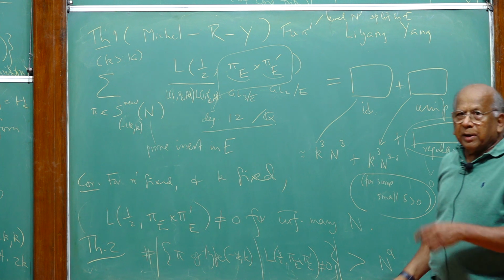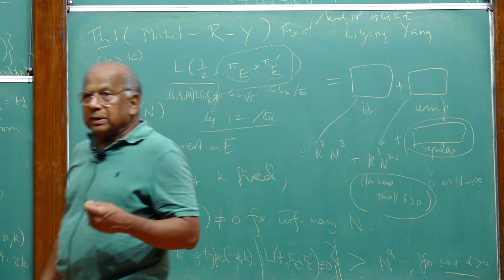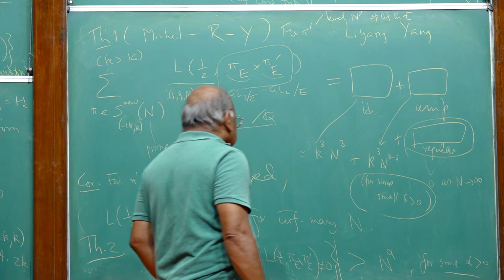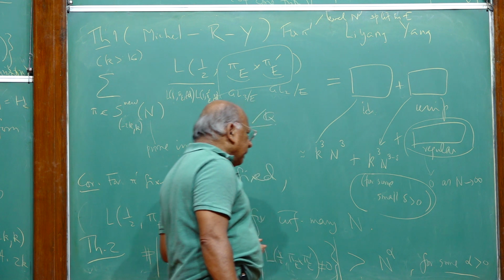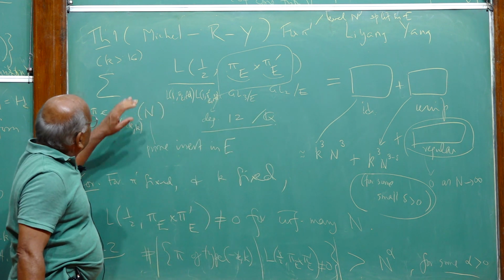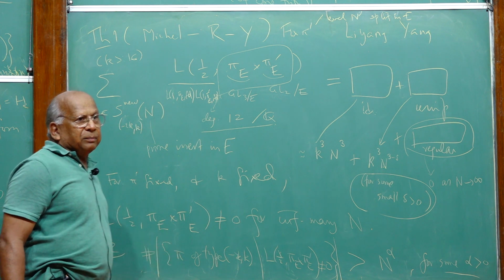So that means some positive power of n. It's not positive proportion, but this is pretty hard because we use this technique called amplification to go from here to there. It's actually more difficult.